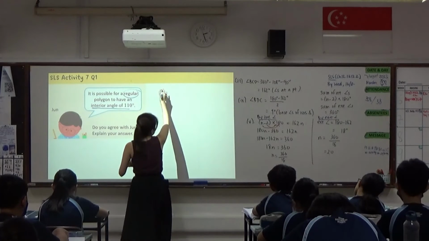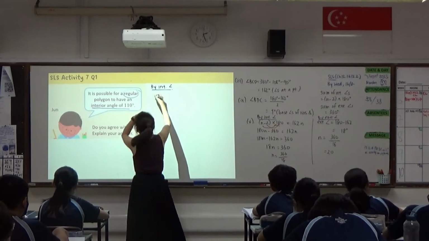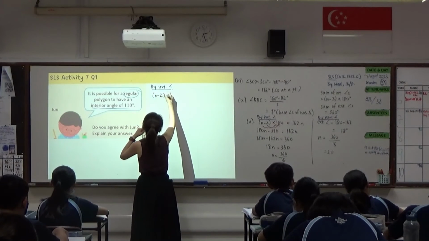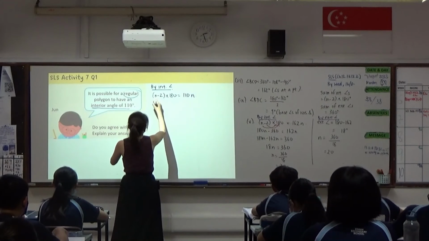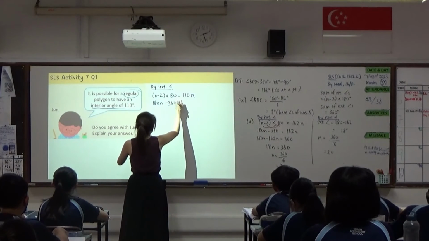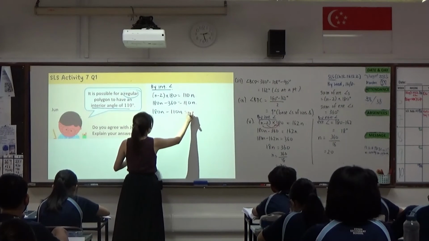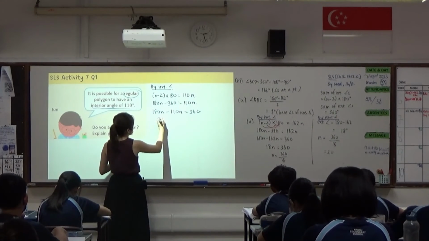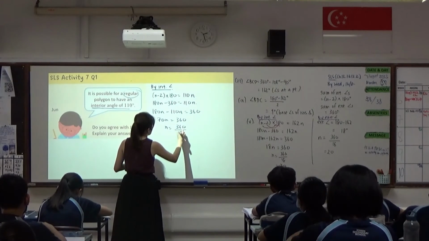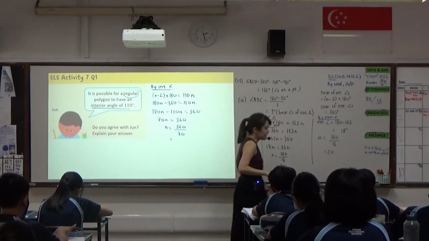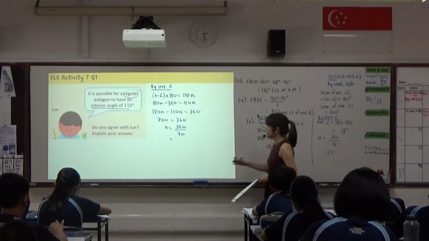Okay, so if I go by interior angle, I will have n minus 2 times 180 equals 110n. n will be equal to 5 and 1 over 7.